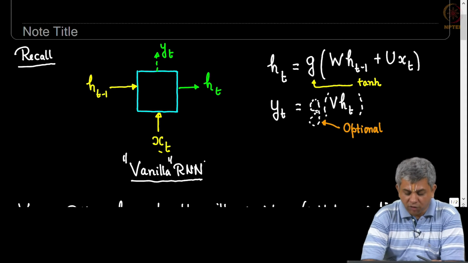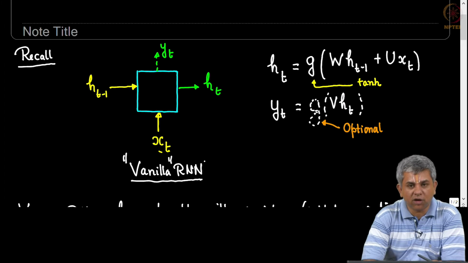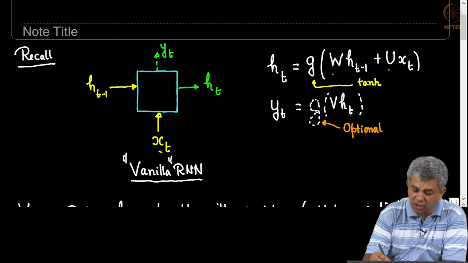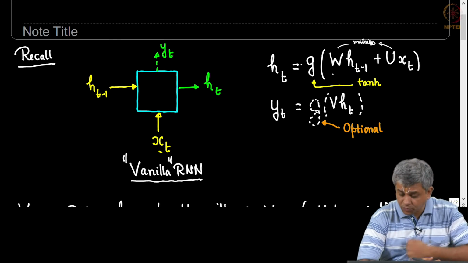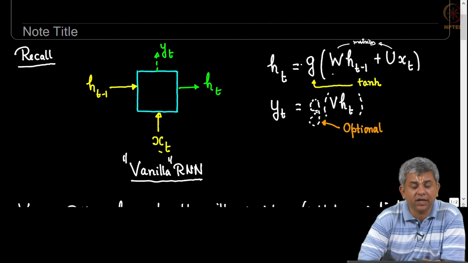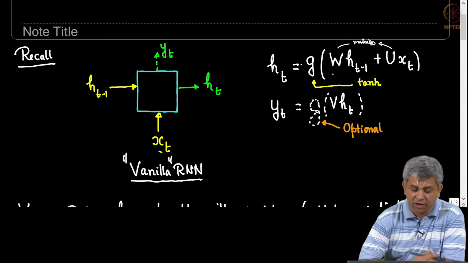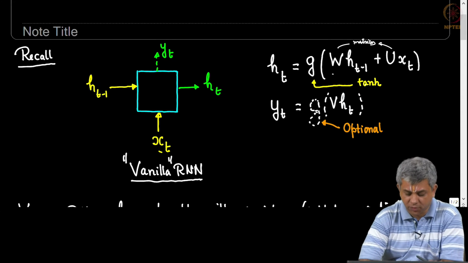Now, the formulation we saw was very similar to what we have been seeing, whether it is CNNs or ANNs. It is simply a linear combination. In this case, W and U are weight matrices. This linear combination is followed by a nonlinearity. I had also mentioned that the typical nonlinearity that we use within RNNs is a tanh layer.